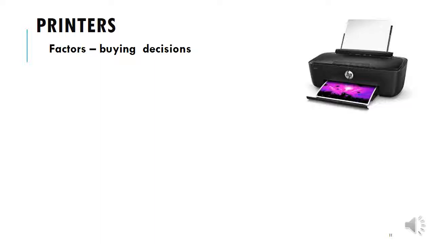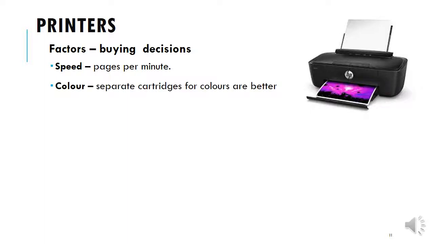So when you're buying a printer, here are some factors. Look at the speed. Do you need to do a lot of copies? The pages per minute are important. Color. Separate cartridges for colors are much better, because otherwise you may run out of only blue, and if it's all in one cartridge, you'll have to replace everything.